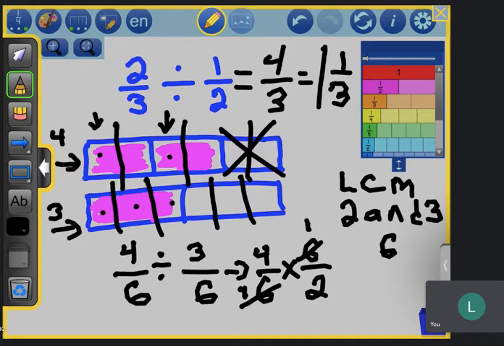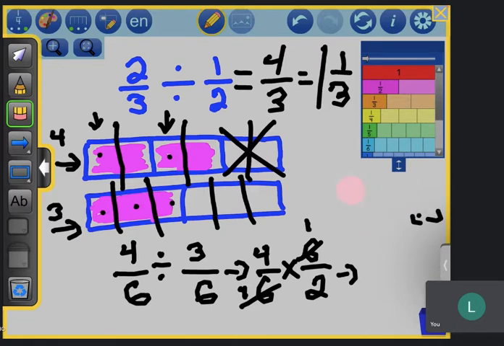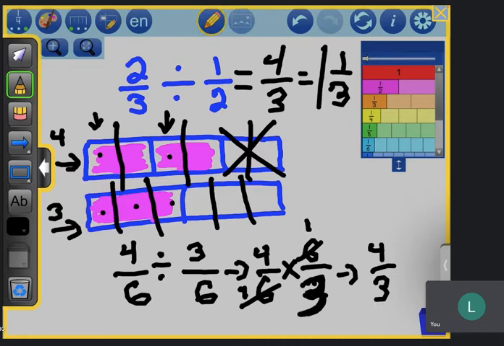So now we have 4, oh sorry, this should have been a 3. Now we have 4 over 3. Easy peasy. I know some of you guys saw that right away, so it should have been a 3.